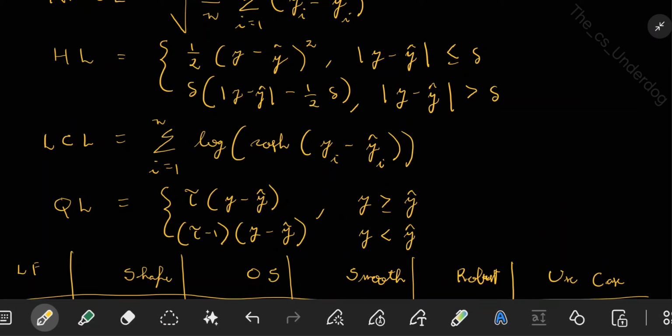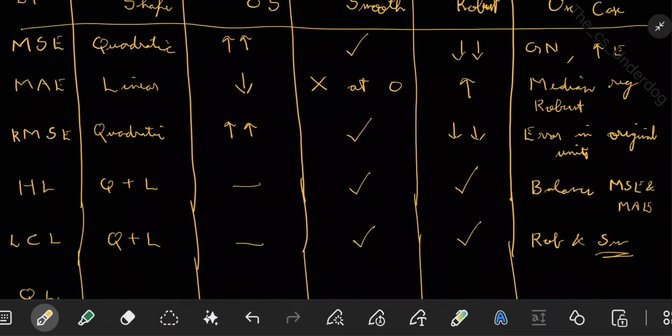That is why here it is based on whether y is greater than or equal to y cap or y is less than y cap. In quantile loss we have the y greater than or equal to y cap check, but in Huber loss we have a check with respect to the threshold, right?